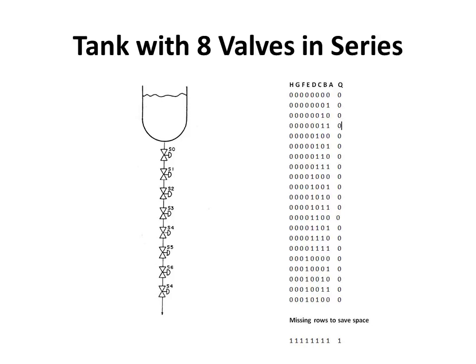Well, now let's push the envelope and have a tank with 8 valves in series. Let's see, 1, 2, 3, 4, 5, 6, 7, 8. The bottom valve is listed as S4. That should be S7. So this is the truth table, which I created today, August 2nd, for these 8 valves.